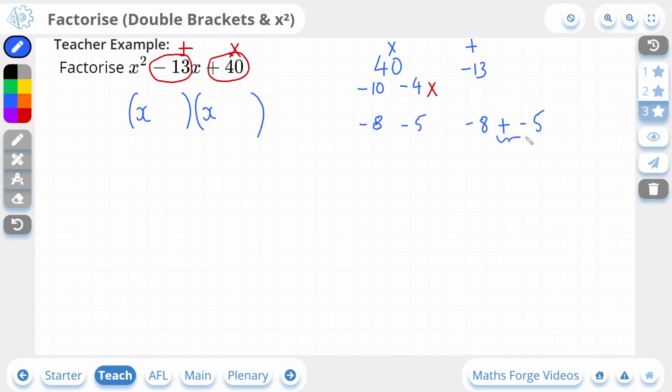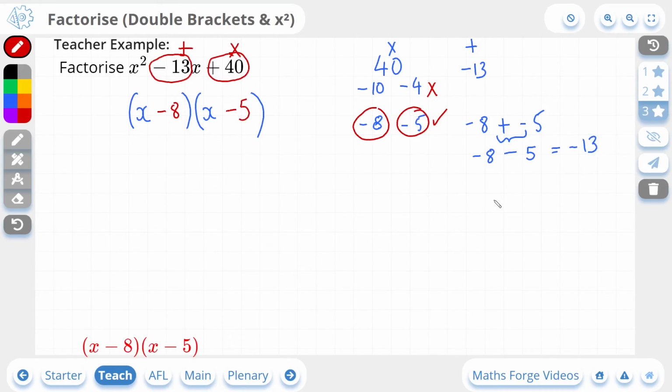A plus and a minus next to each other can be replaced with a minus, and then we have negative 8 minus 5, which do indeed add to give us negative 13. So these are our two numbers, negative 8 and negative 5. They work. They multiply to give us 40, and they add to give us negative 13. So we're going to write them as they are in the brackets, minus 8, minus 5. And if we check our answer, there it is.